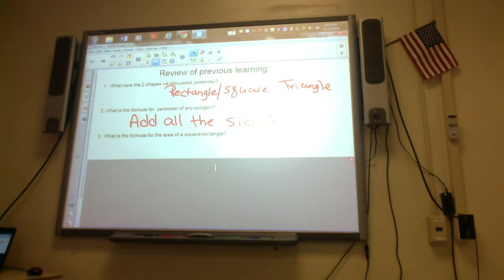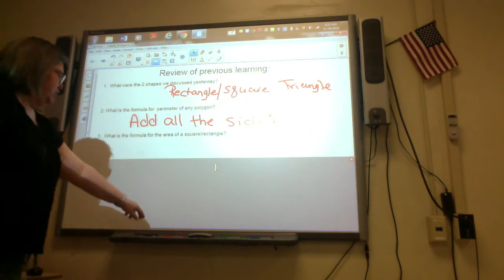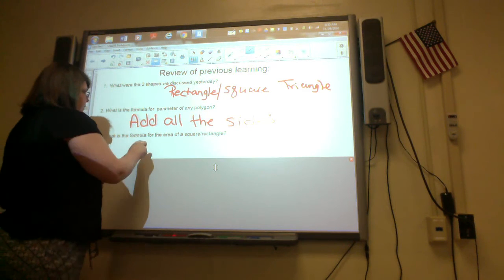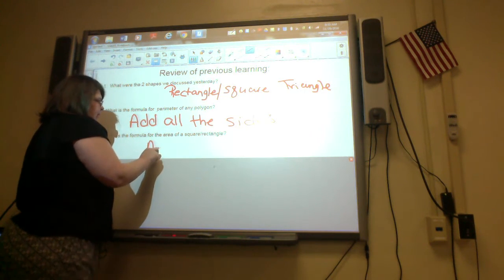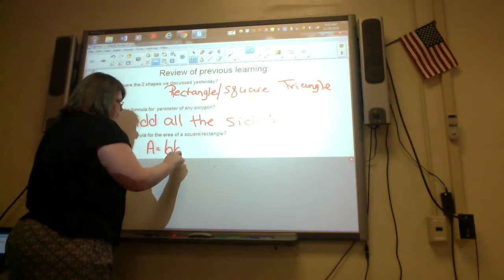What's the formula for the area of a square or rectangle? Brandon. Base times height. Good. The area for a square or a rectangle, so A equals base times height.